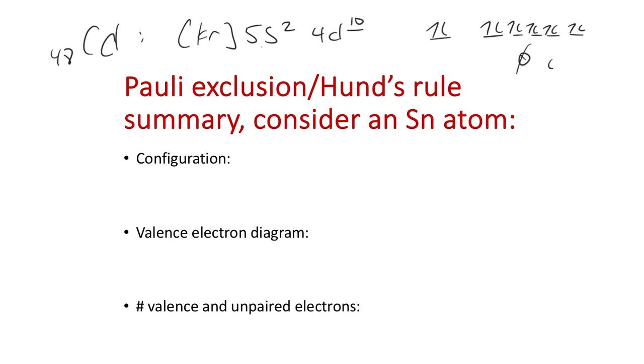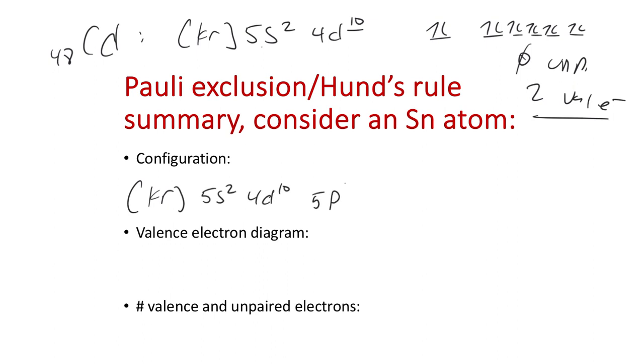So these are 0 unpaired, just like zinc, and then 2 valence electrons. Now, when we get to tin, directly beneath carbon in that same group, it should have 4 valence electrons. For tin, the configuration should be krypton, followed by that 5s2, 4d10, and then back to the 5p2.